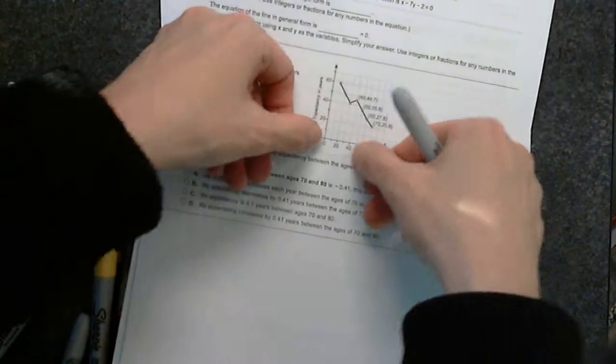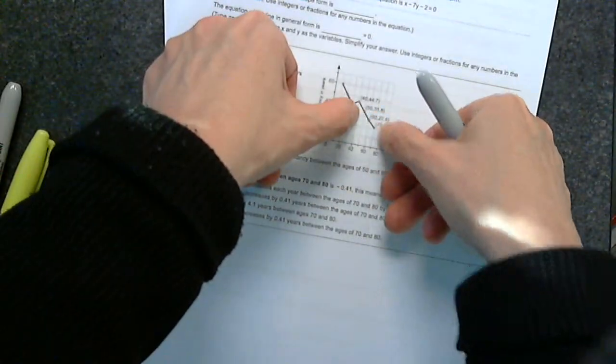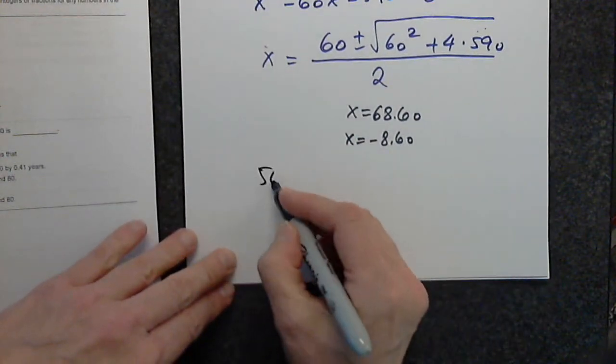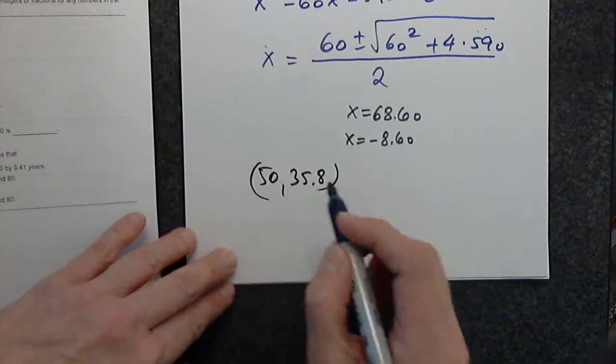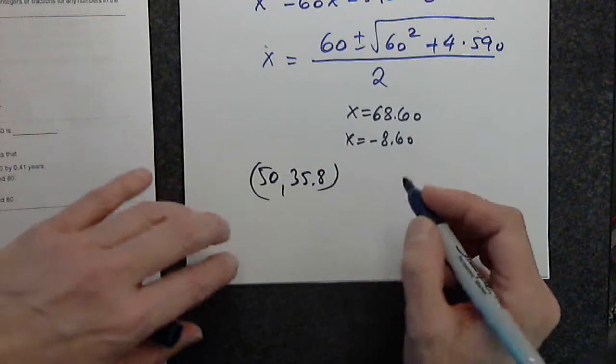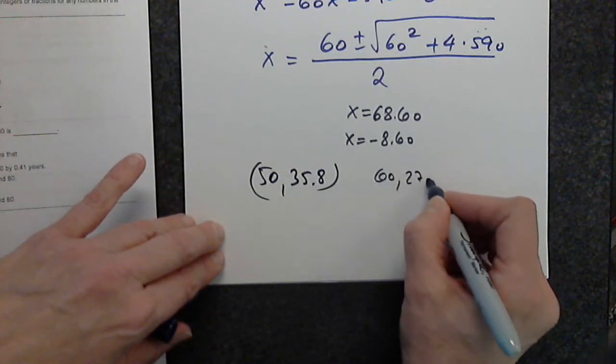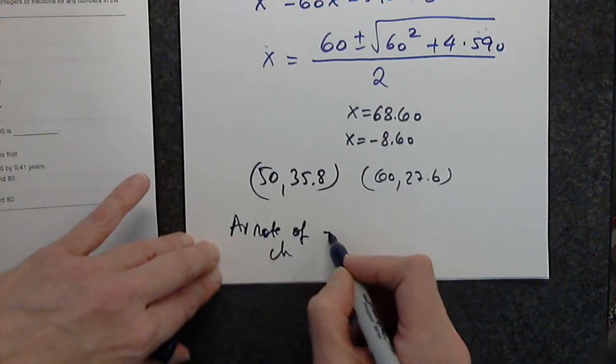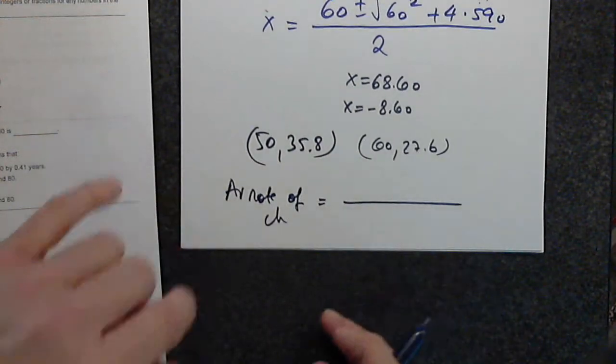So we are asked to find the average rate of change of life expectancy between 50 and 60. For 50, I'm given 35.8. So 50 comma 35.8. And for 60, I see 60 comma 27.6. The average rate of change. What is the formula for the average rate of change?